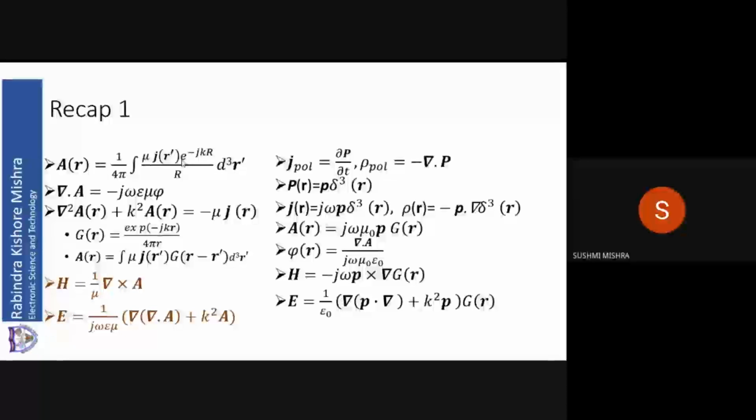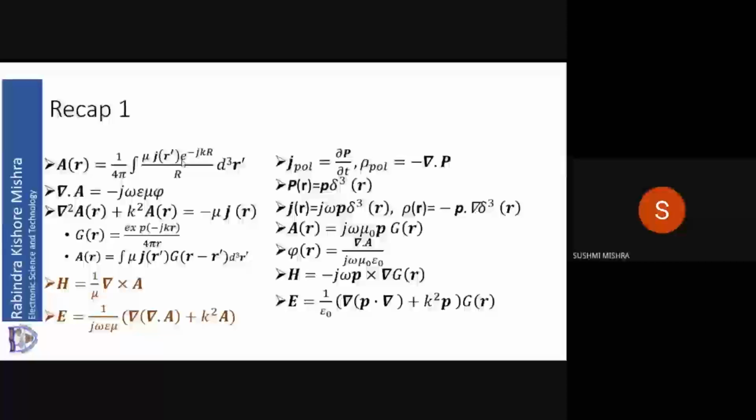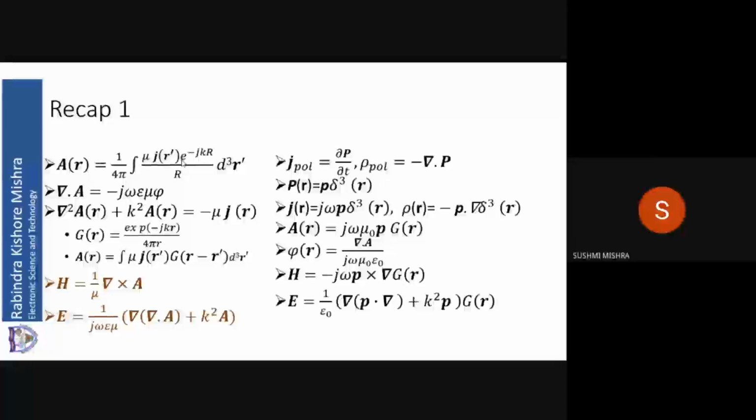So using this, we can find out A, or the vector potential for a polarized material medium, as j omega mu 0 p G(r). G(r) we have found out, exponential minus jkr by 4 pi r. So in short we can write G(r). Similarly, phi(r) can be found out as divergence of A over j omega mu 0 epsilon 0.